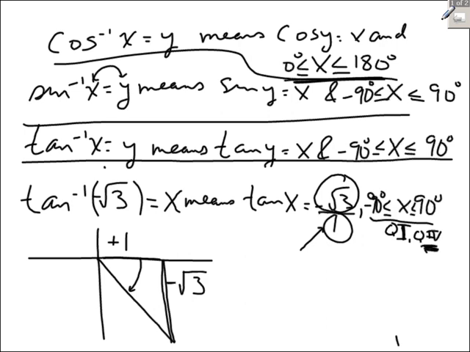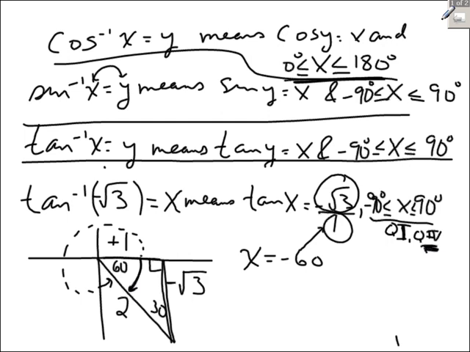Well, again, you should recognize this: opposite square root of 3 is 60, and opposite 1 is 30, right angle. So it's a 30, 60, 90 triangle. This here is negative 60. X is negative 60. I agree that it's also 300, that angle.